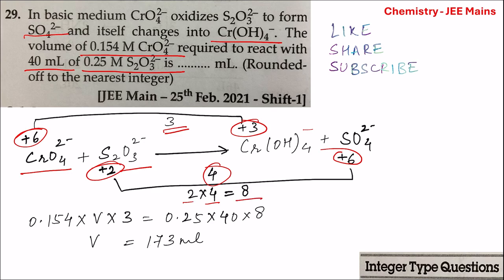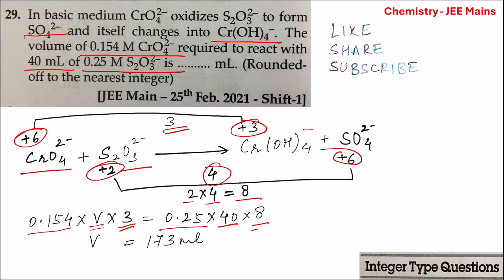Now molarity of CrO4 2 minus, that is 0.154, into volume of CrO4 2 minus in milliliter, let it be V, into valency factor. Now here valency factor is the change in oxidation number of chromium, so it is 3, is equal to molarity of S2O3 2 minus, that is 0.25, into volume of S2O3 2 minus, which is 40, and valency factor is total change in oxidation number of 2 atoms of sulfur or 2 moles of sulfur.